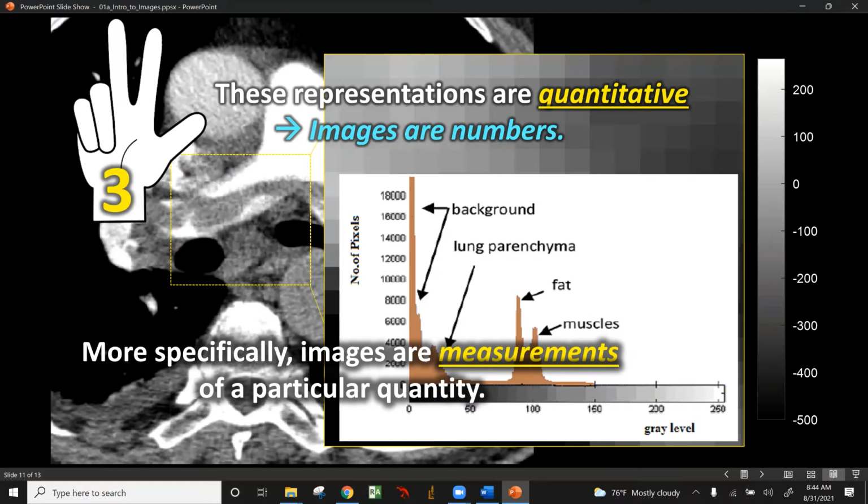Every modality measures something different, just like a stopwatch or a tape measure, okay? They're measuring some different quantity. I said in CT, it's measuring linear attenuation.